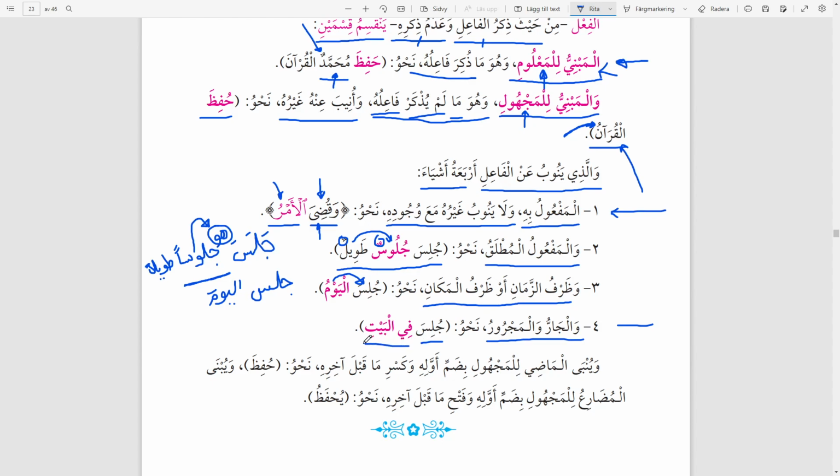This one is a bit unclear, but it means sitting occurred in the house. So this is definitely a valid Arabic sentence, but to call it نائب عن الفاعل في المبني للمجهول, Allah knows best. That might be the case.